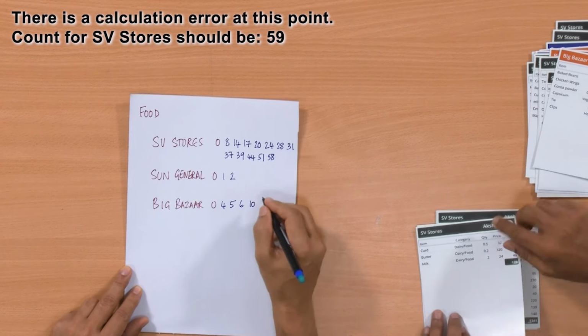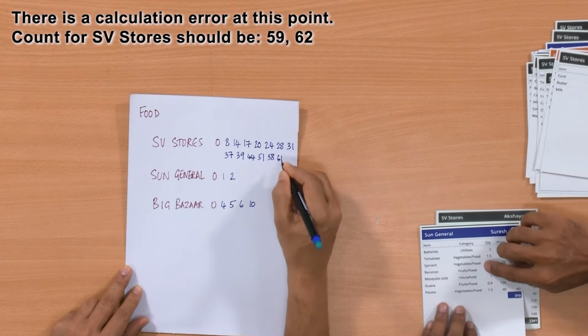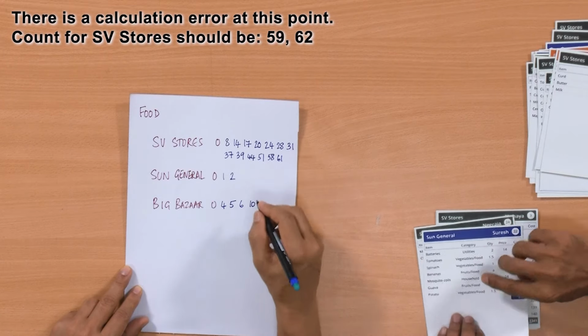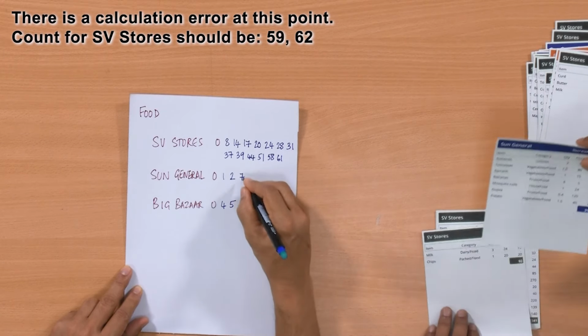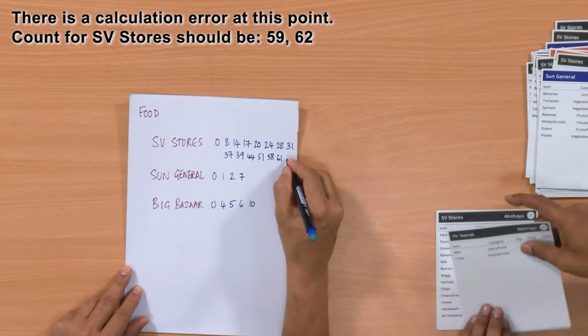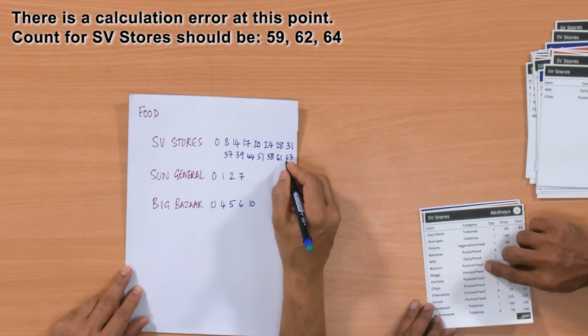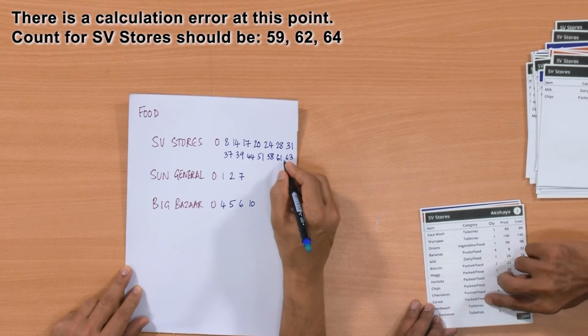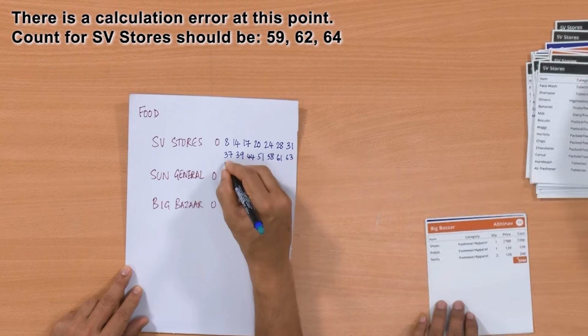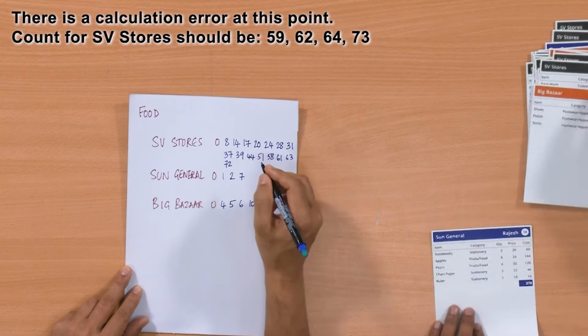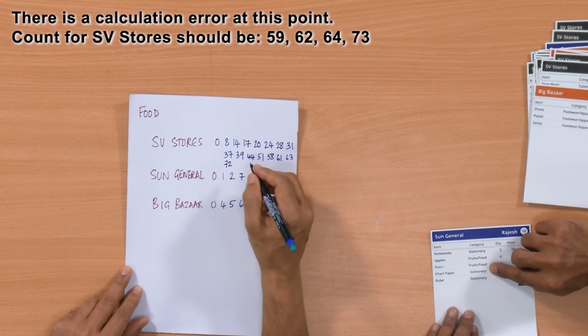SV Stores 3, 61. Then 5. Sun General, so that's 7 now. Then 2, 63. Oh, it's a big bill for SV Stores. 9, so 72. Big Bazaar nothing, and Sun General 2 foods.